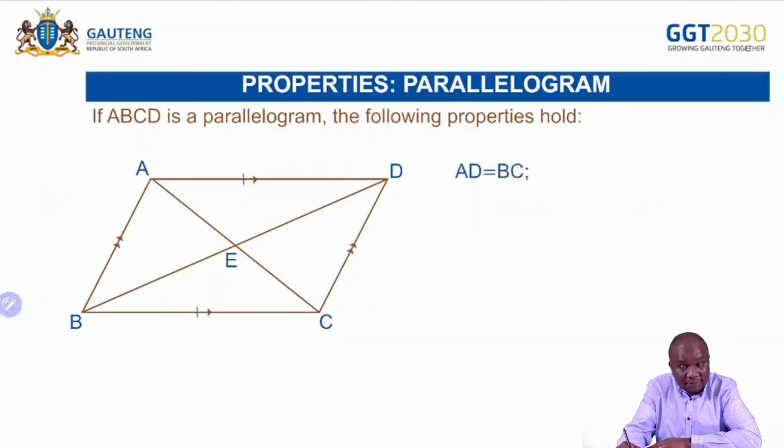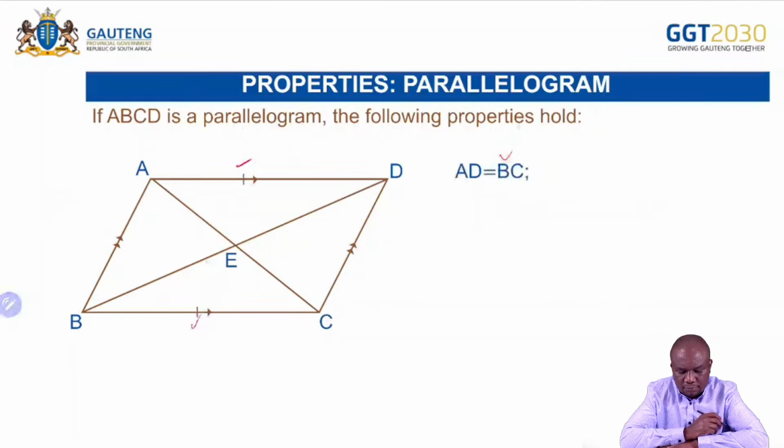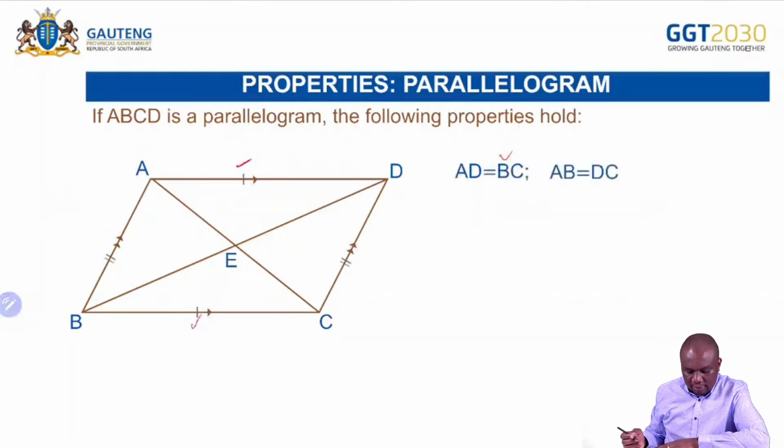Right, AD is equal to BC. Do you see what I've added on the diagram? Do you see those lines? Please write this and add the lines to the diagram. And then AB, did you say parallel or equal?